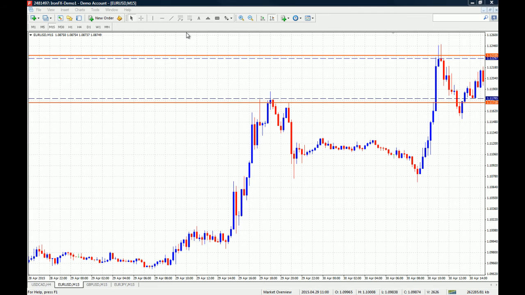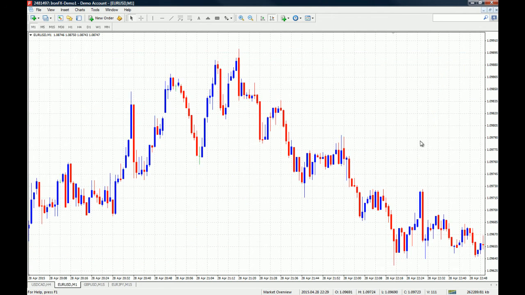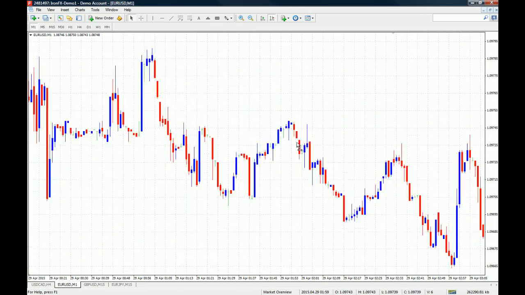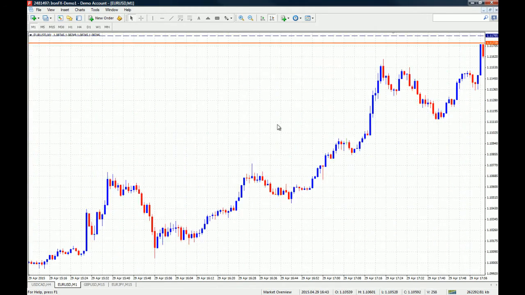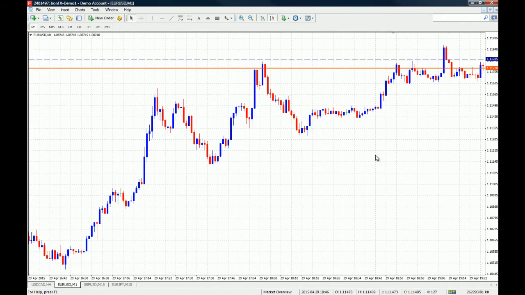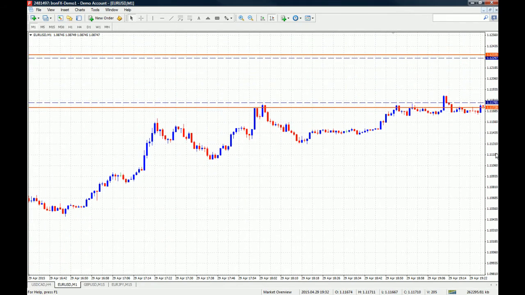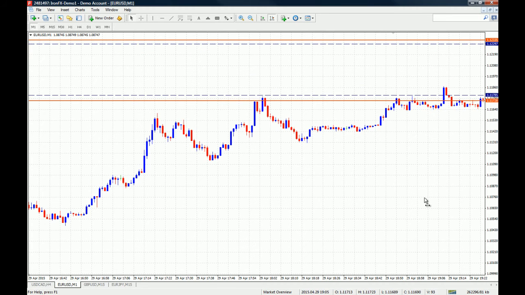Now, for the stop loss, as you can see, we have a range of around 60 pips. So we have to go to the 1 minute chart, and let me show you the actual release.